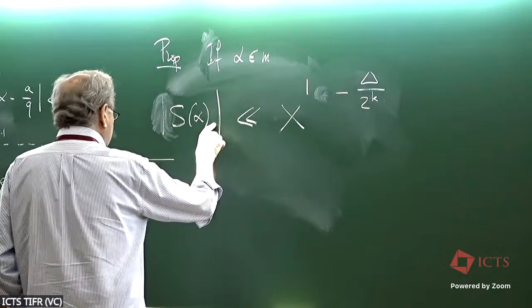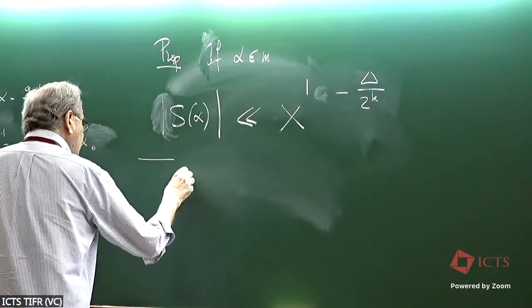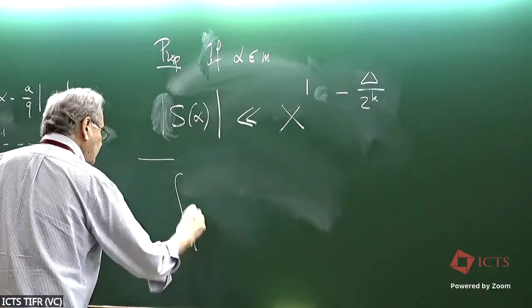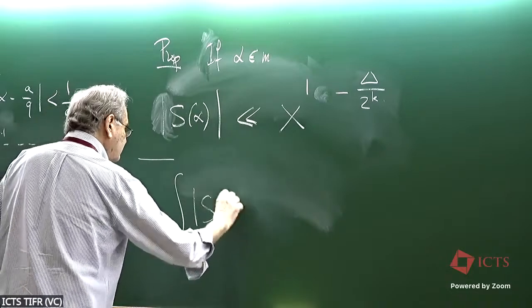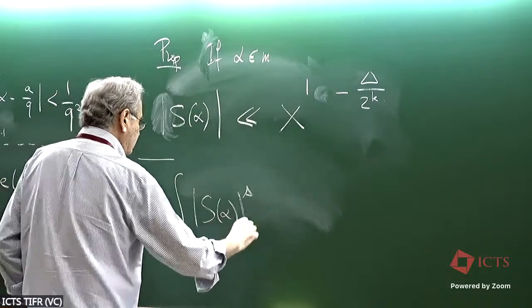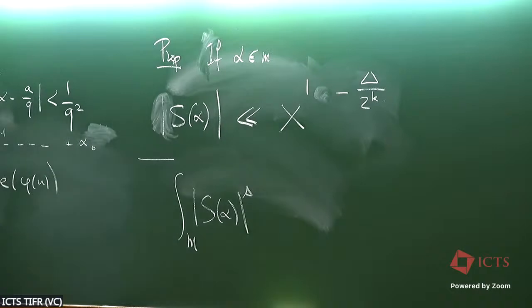So what you get is that the integral over the minor arcs of S of alpha to the s, let us say that s is not, for the time being, just 2 to the k plus 1 exactly, but something larger than 2 to the k plus 1.